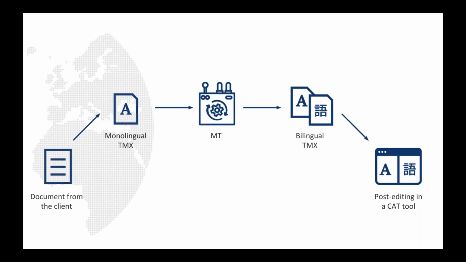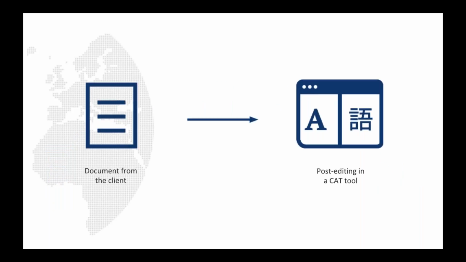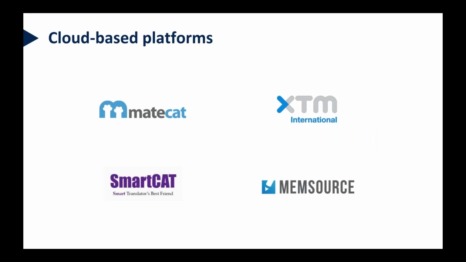But nowadays, what we do is simply, we get the document and then we feed it to a CAT tool. And you are able to do post editing right on the fly because the CAT tool would provide machine translation directly to the translator. There are several providers now, smaller companies that have started to provide this kind of innovative solution.